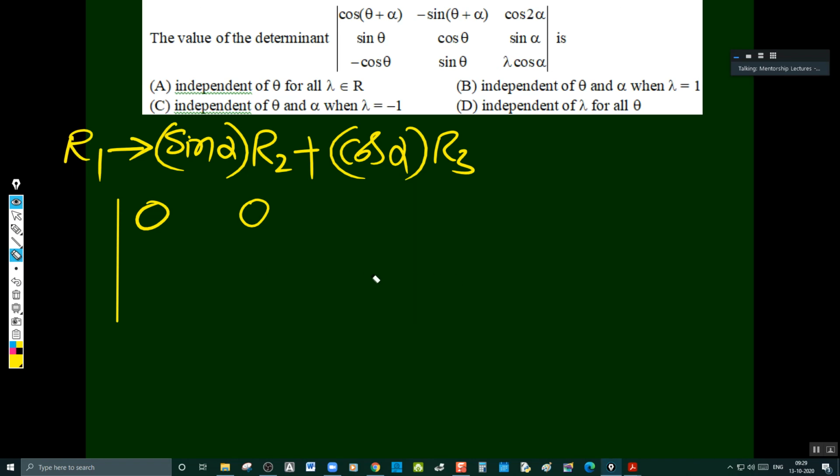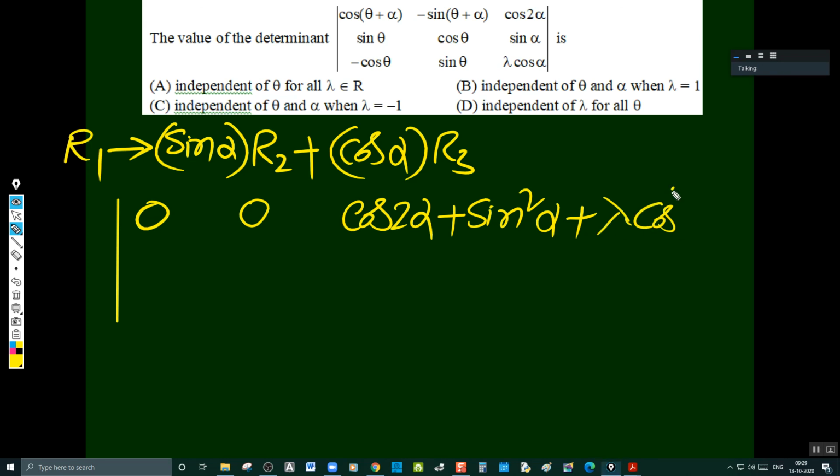Now, what do you get here? The third element, cos 2 alpha plus sin square alpha. Correct now? Plus lambda cos square alpha. That's it.